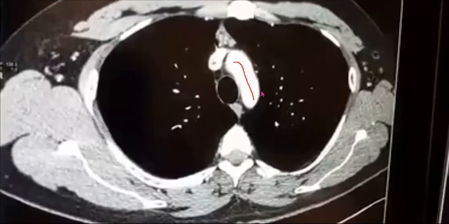This structure is the arch of aorta, and now the left and right brachiocephalic veins almost merge to form the superior vena cava. This structure is the superior vena cava. This is the trachea, easily appreciated. Let us go further.